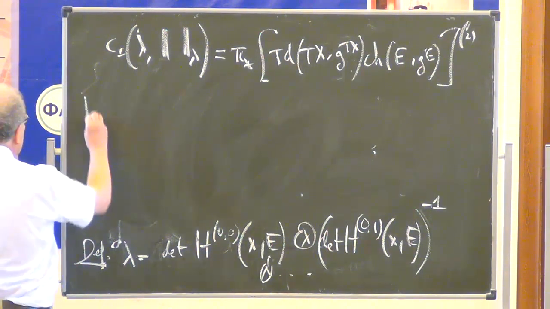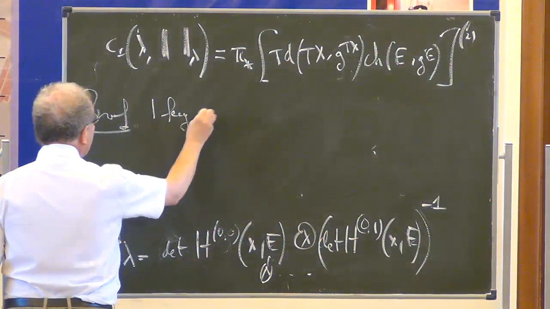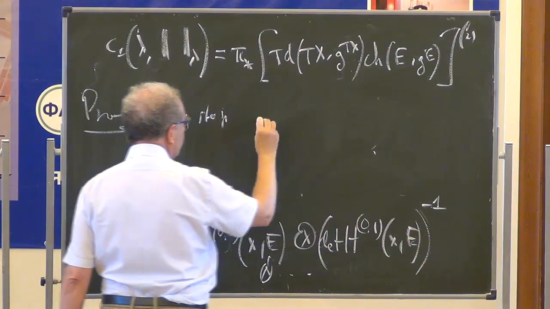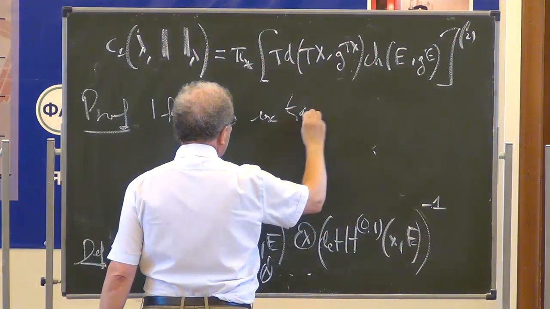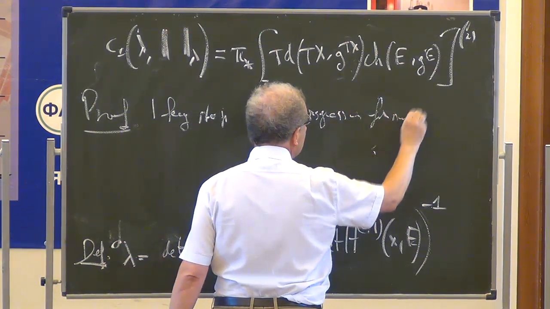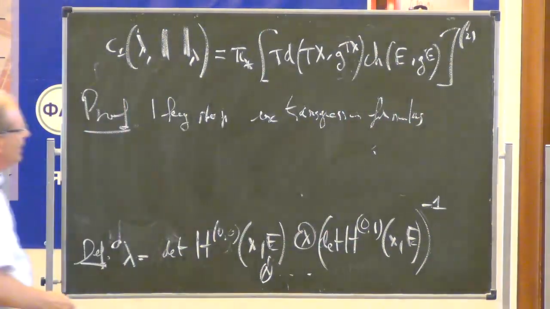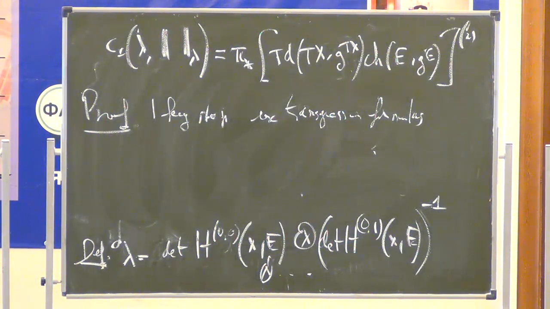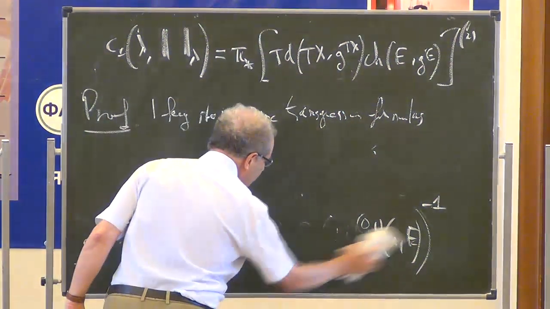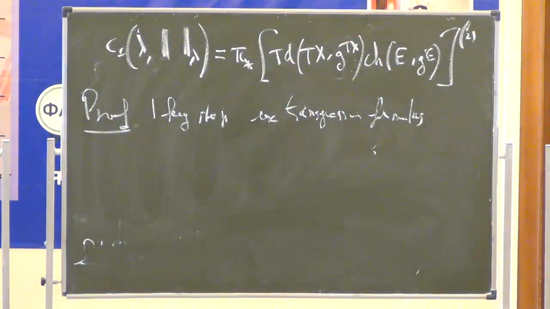And essentially, for the proof of this, one key step is to use what I did in my previous talks, that is, use transgression formulas from the family's index theorem. So I explained just one of them. It's more complicated than that, but essentially from what I did, you can get at least part of the theorem. And so in effect, it is just the starting point of a whole theory of Quillen metrics.